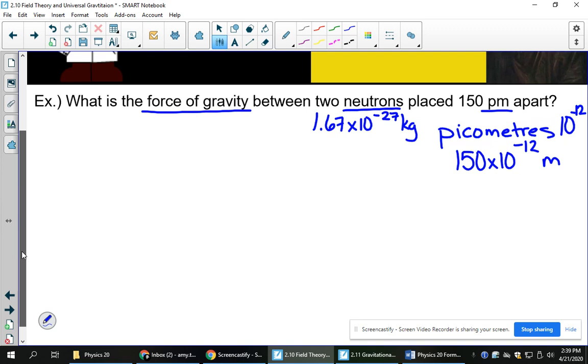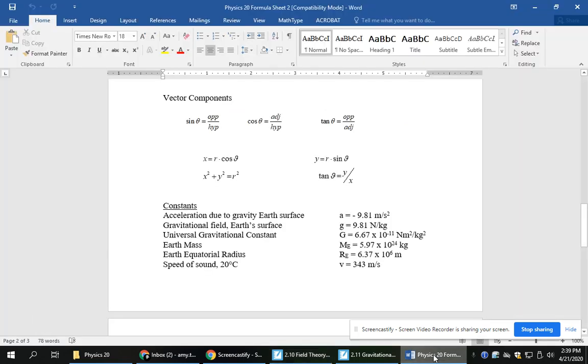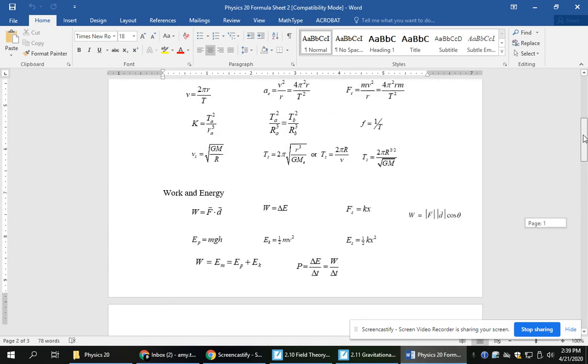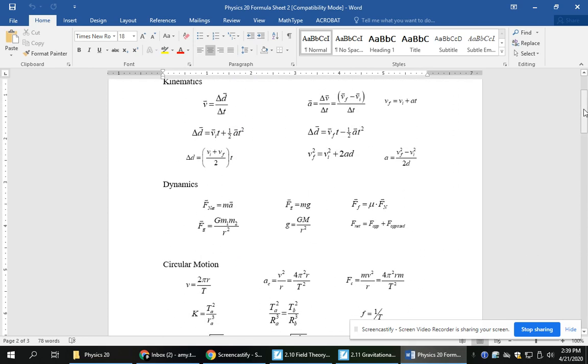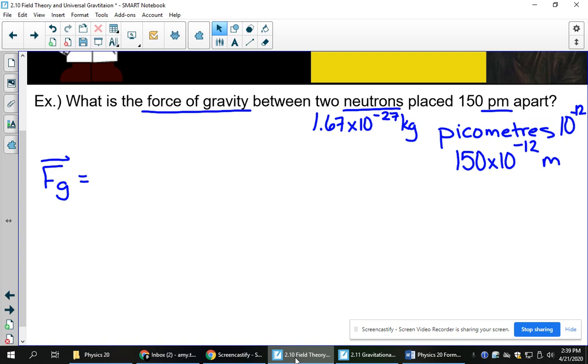Force of gravity is Fg. So you need to know when you're on your formula sheet and you're deciding between, in the dynamic section, Fg equals Gm1m2 over r squared, and little g equals Gm over r squared. You have to decide which one you're using based on the terminology in the question. Are you looking for force of gravity or gravitational field strength? Very different things.